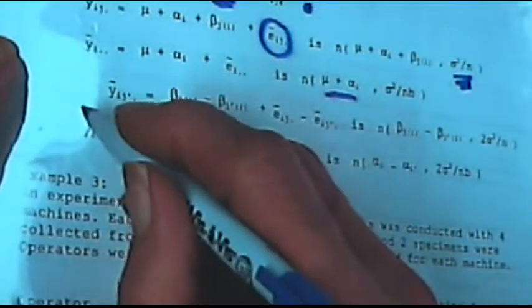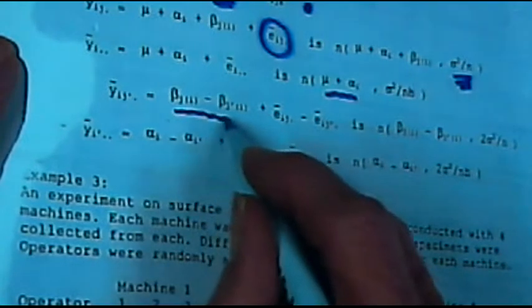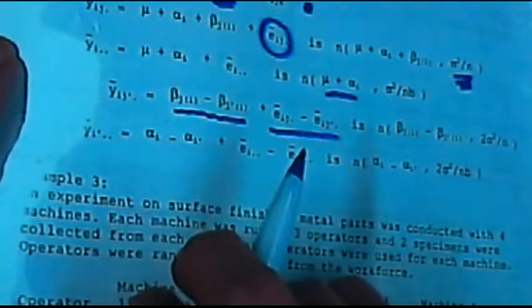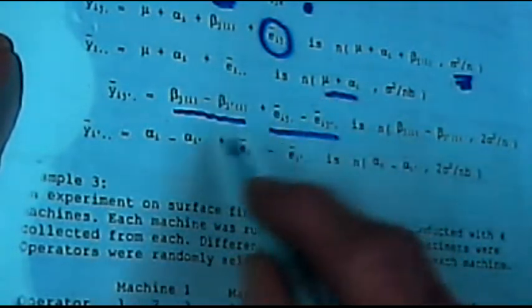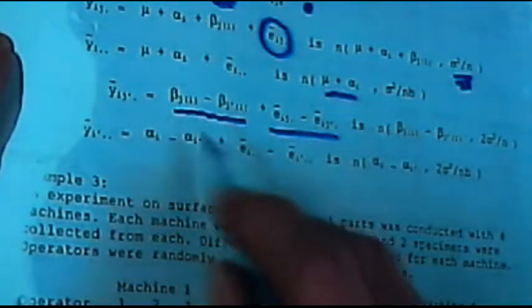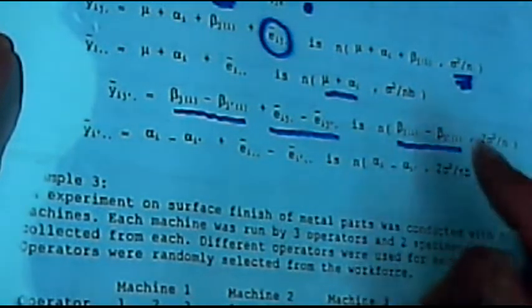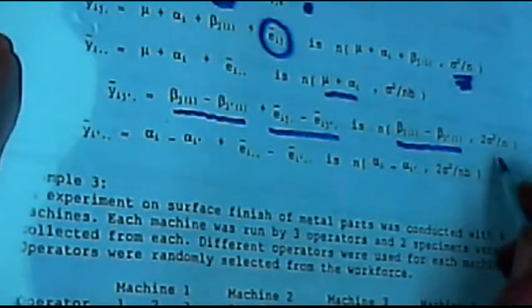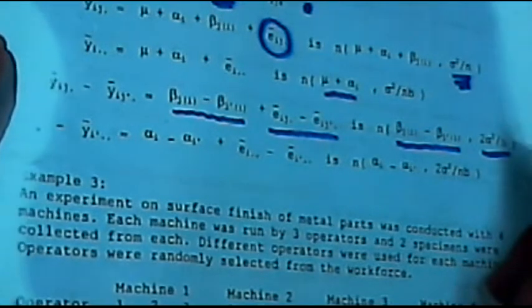Well, substitute in what we have above here, and you get this difference, and then plus this difference with the e bars. And so what kind of distribution does this have? Well, the mean is this constant in front, and then the difference of the e bars has a variance equal to 2 sigma squared over n in the usual way.